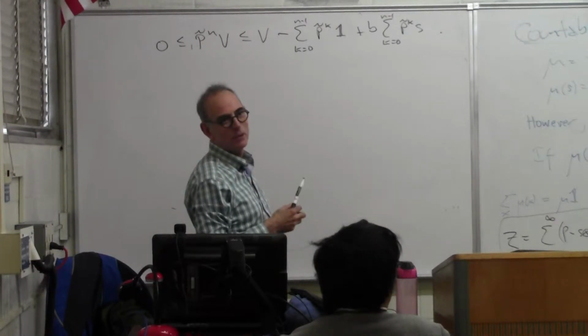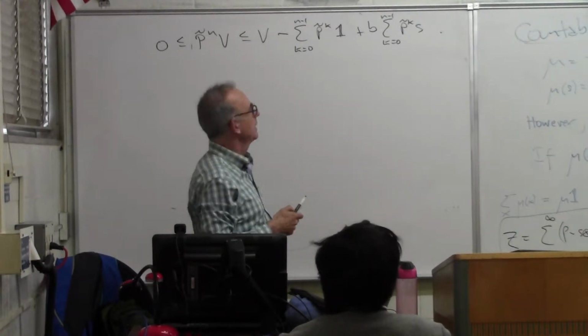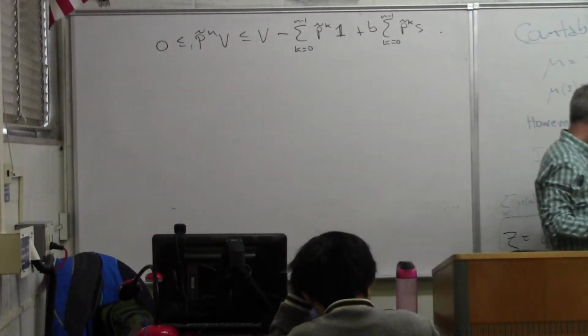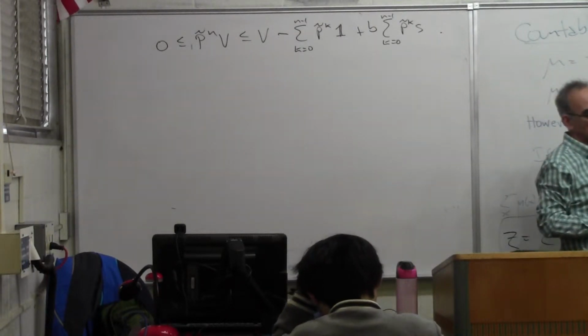And I'm going to let n go to infinity, right? This is a thing that I forgot to say, that when I hit z times s, it gets something less than 1.